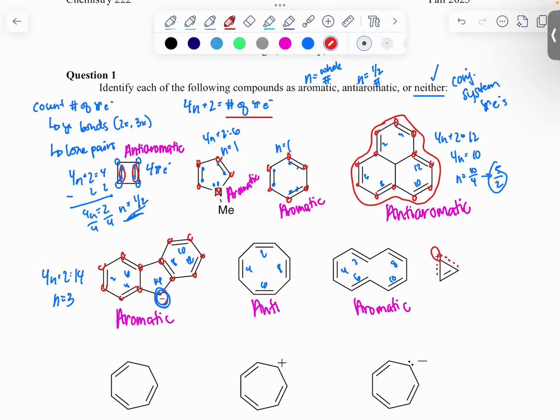So this does participate in our conjugated system. It just doesn't add any electrons to our count. So with this one, our equation is 4n plus 2 equals 2. N equals 0, which is a whole number. And so this system is aromatic.